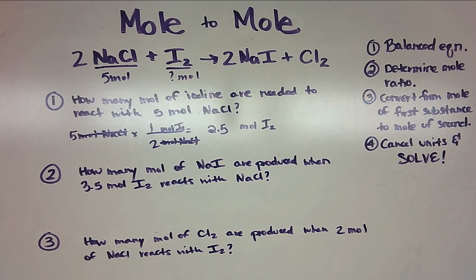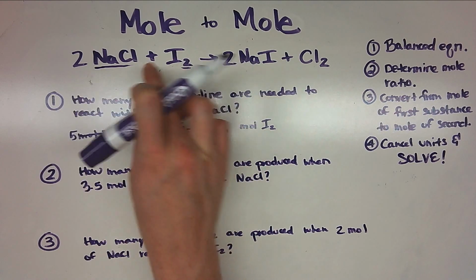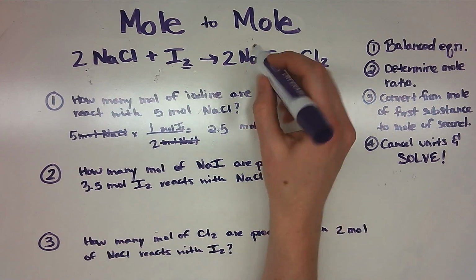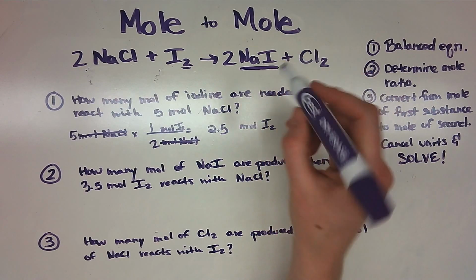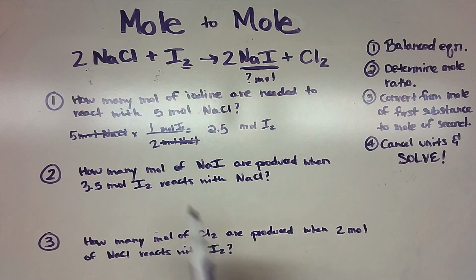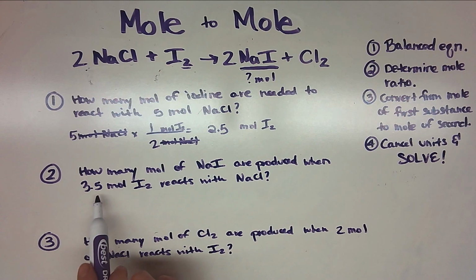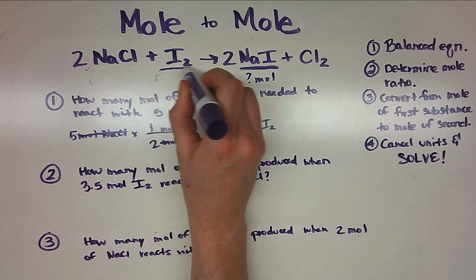Alright, number 2. How many mole of sodium iodide are produced when 3.5 mole of iodine reacts with sodium chloride?